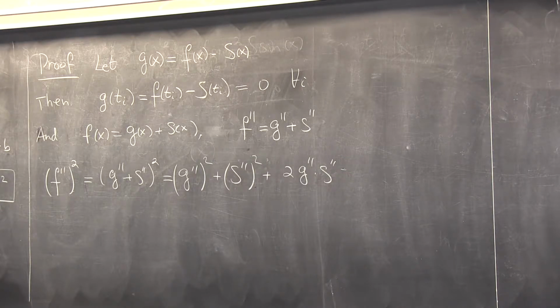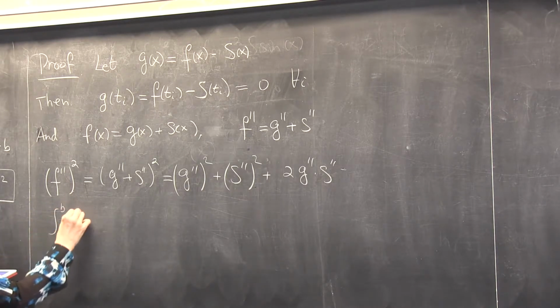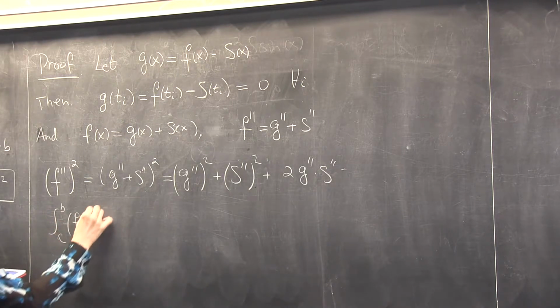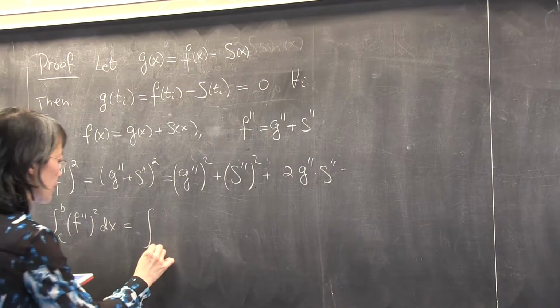Okay, now I know the double prime squared, I will have to integrate from a to b because that's the quantity I want to study. So what I'm going to do now is I'll integrate on both sides from a to b. Okay? So what do I have? Integrate from a to b, f double prime squared dx equals to integrate from a to b.